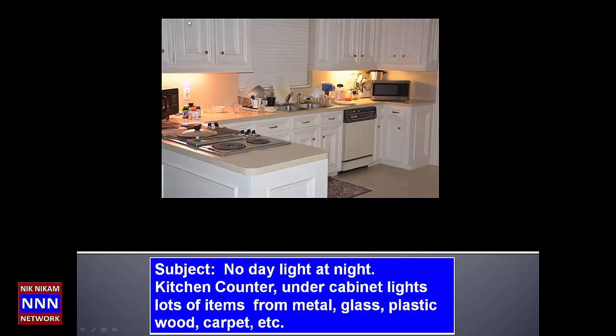And this is the picture that I used as an example to look at various modes and see which one is optimal to give maximum details regarding the subject. As you can see here, we have metal, plastic, wood, carpet, glass, light, and many different features.